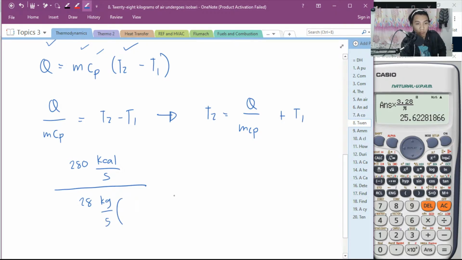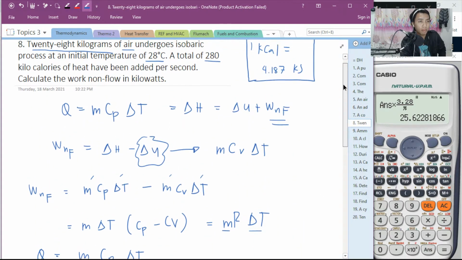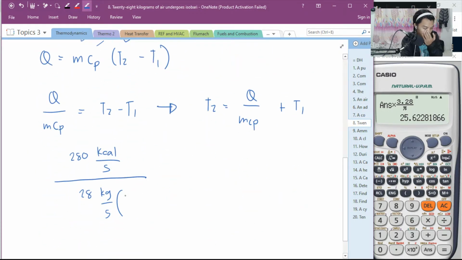Yung Cp is, air, 1.0062. Yan na. Equal to T2.